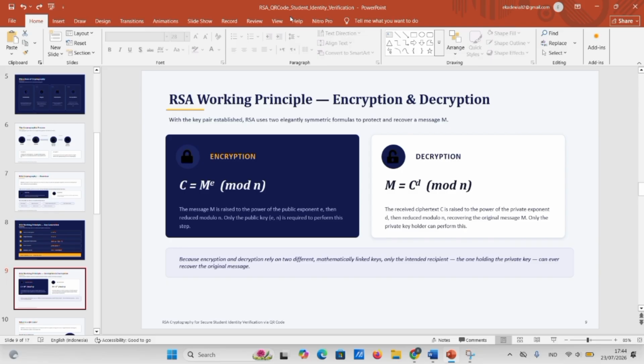RSA working principle: encryption and decryption.